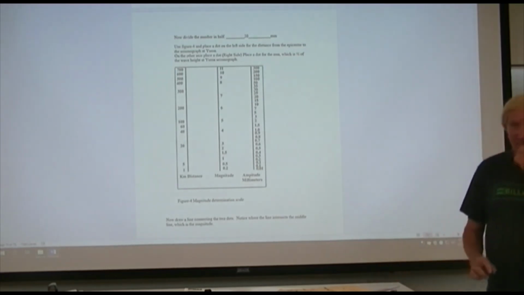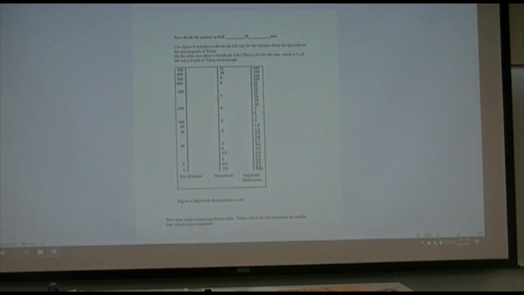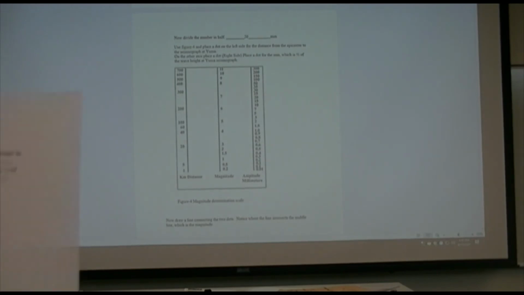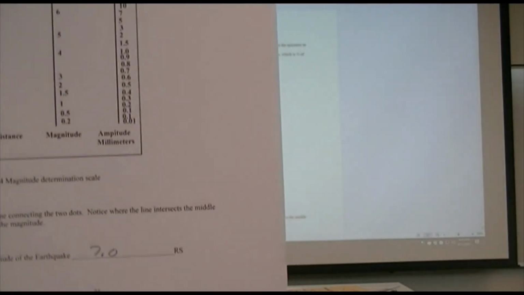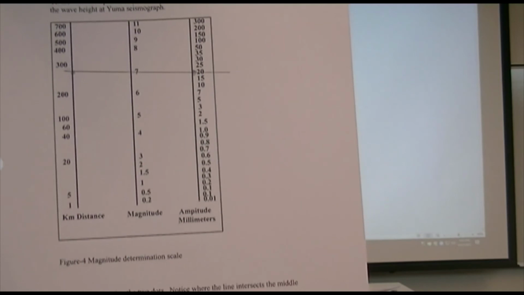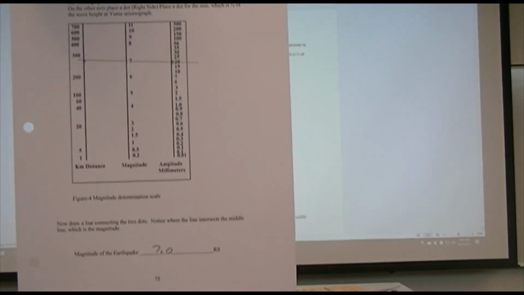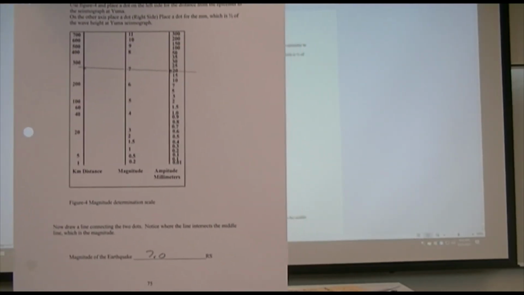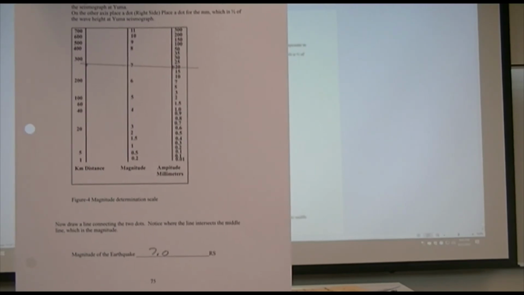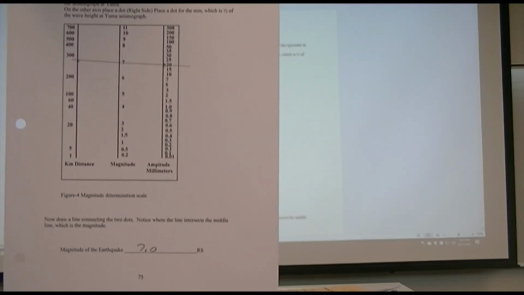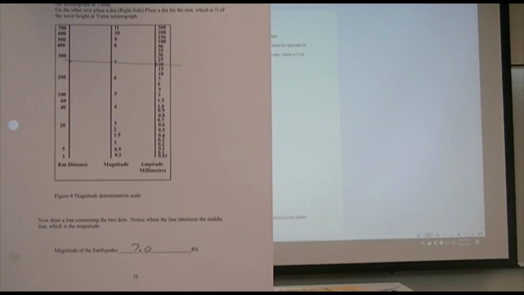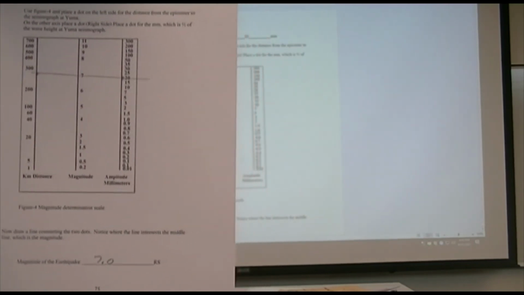And I actually did that on this diagram here. I drew a line between the 275 kilometers and the 20 millimeters of amplitude, and that line intersects the center magnitude line right at 7.